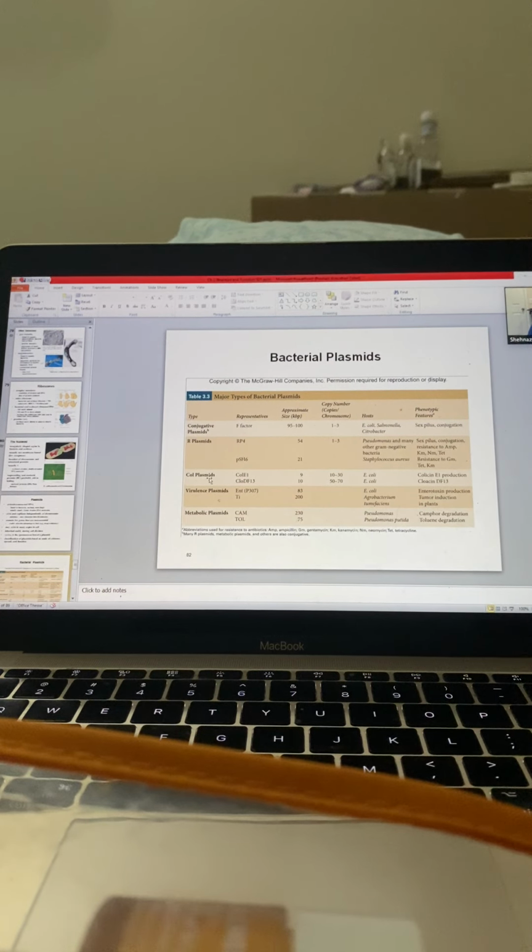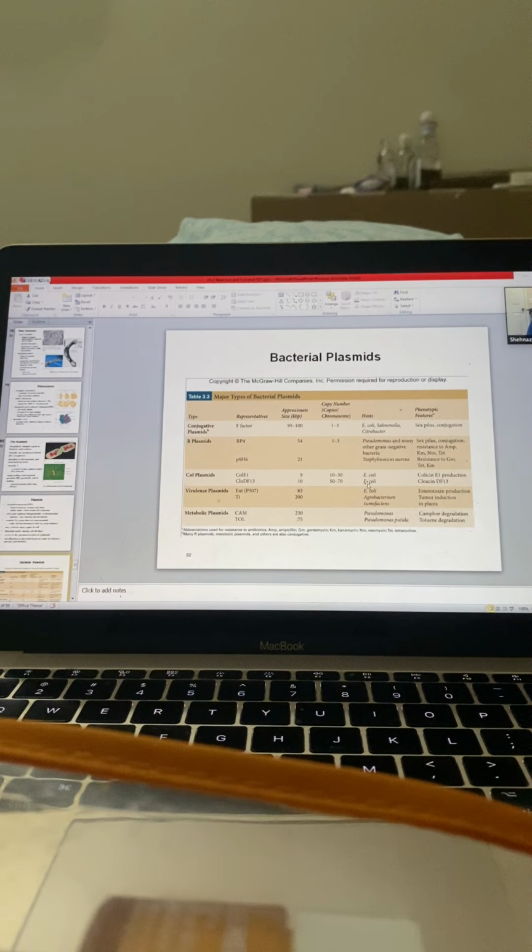Then a very important one are the col-E plasmids, the col plasmids, colicin plasmids. Colicin is, of course, an antimicrobial compound that is like combating within nature. When one bacterium is growing in some area, it wants to kill the others because there's limited supply of everything. So they start to produce what we call colicins. And E. coli are the only ones, the col is from E. coli.